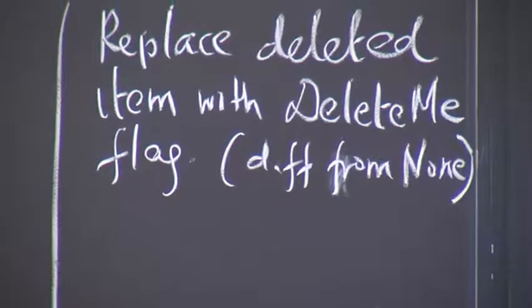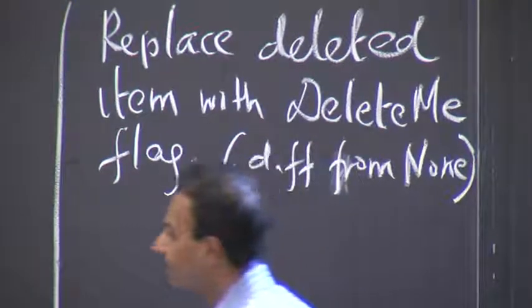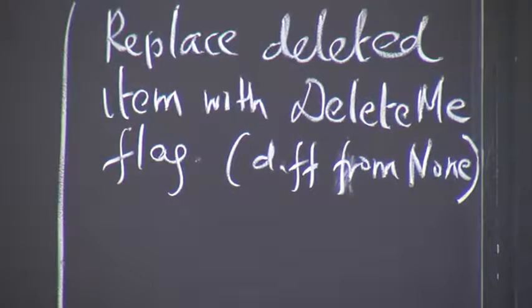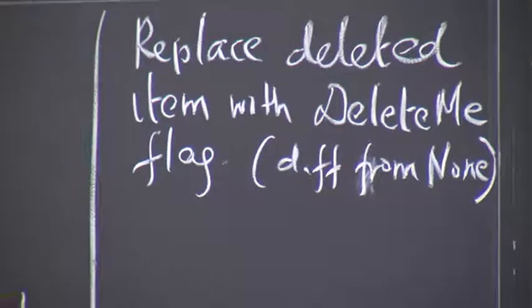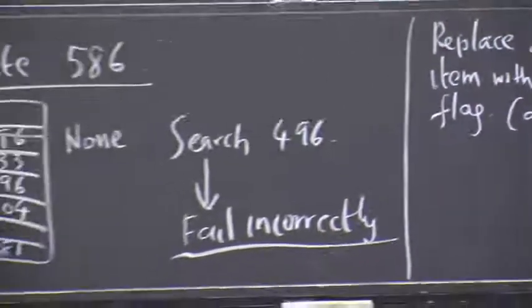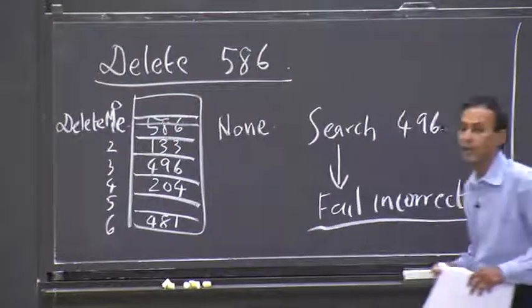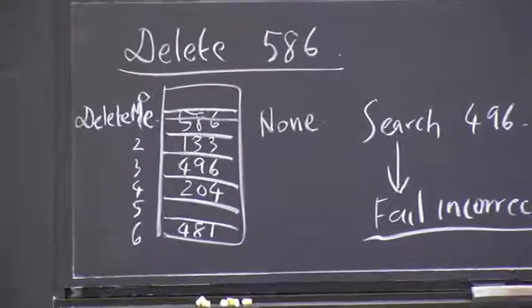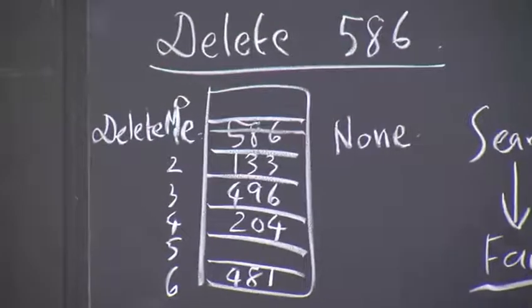And that's going to be important because now that you have a different flag and you replace 586 with delete me, you can now do different things in insert versus search, right?